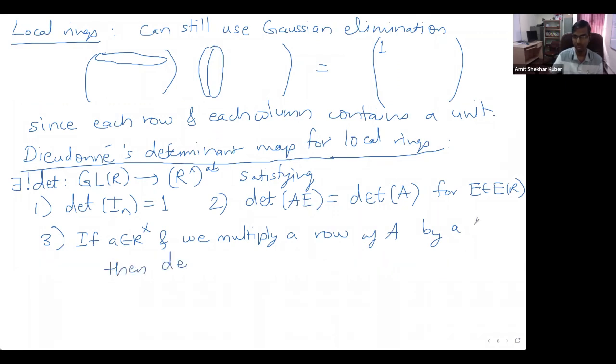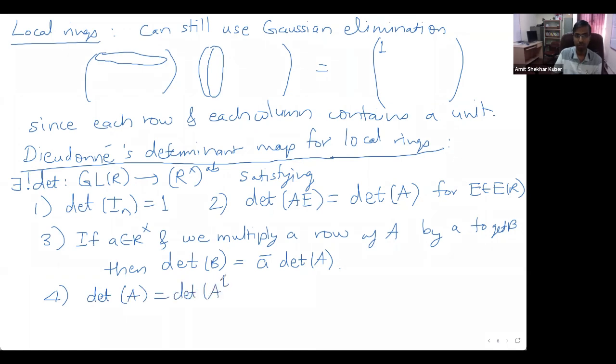What is A bar? It is the corresponding element in the abelianization, the coset. And the fourth property is that the determinant of A is the same as the determinant of A transpose.